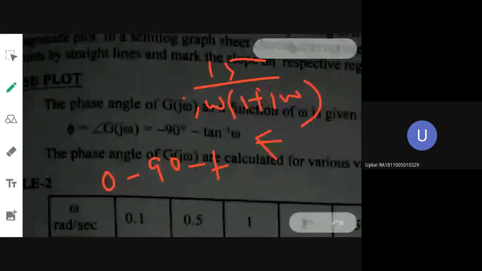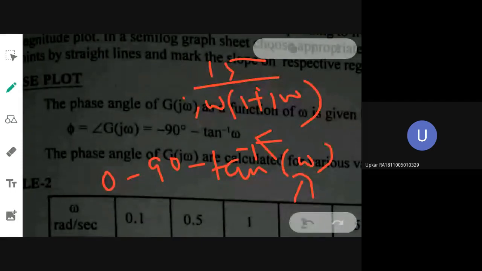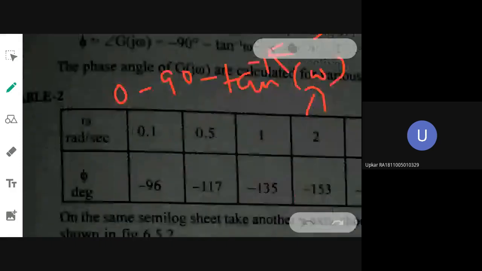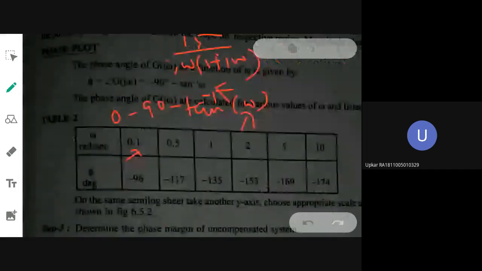You substitute different values of omega around the corner frequencies: 0.1, 0.5, 1, 2, 5, 10, and you get these angle values. So make a note. With this we will try to plot.